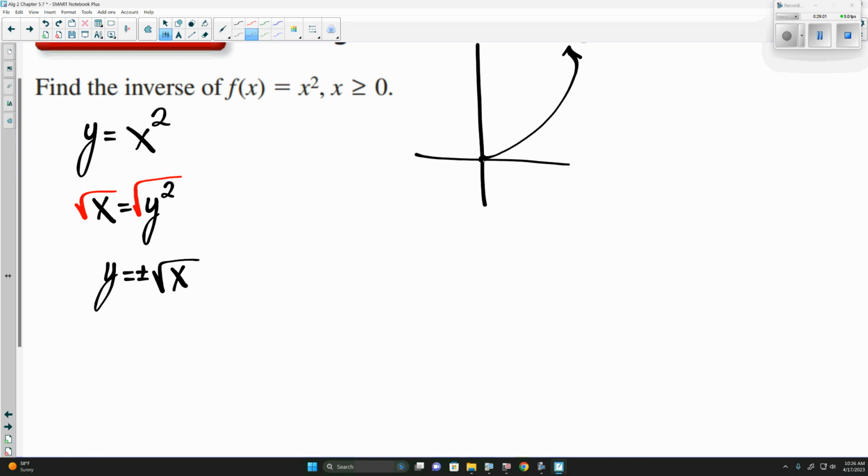Now looking at the graph I drew here, the x values are all positive, yes? X is greater than 0. The y values are also all positive. So the domain of the original function is x is greater than or equal to 0. The range, the y values, start at 0 and go up, so they are also greater than or equal to 0, yes?